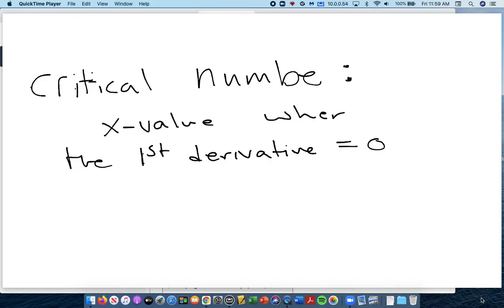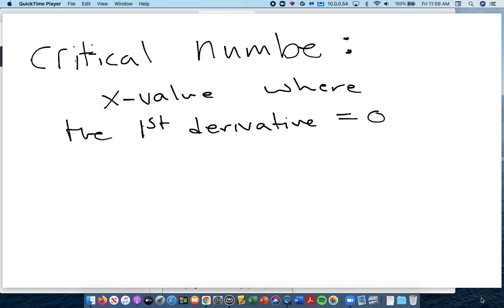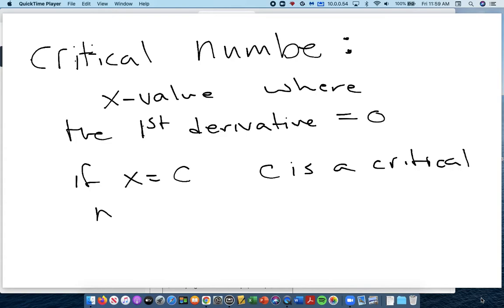So if x equals c, c is a critical number if f prime of c is equal to 0. So that's how we're going to define a critical number.